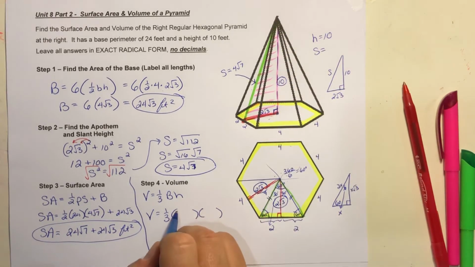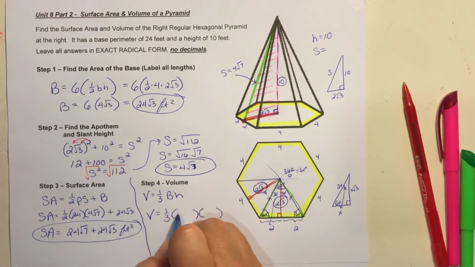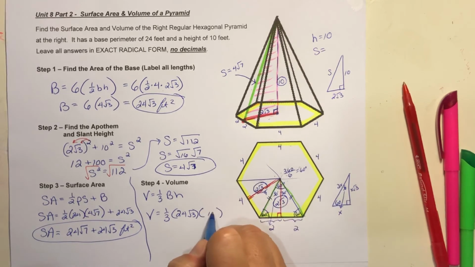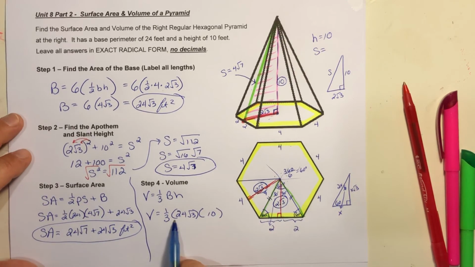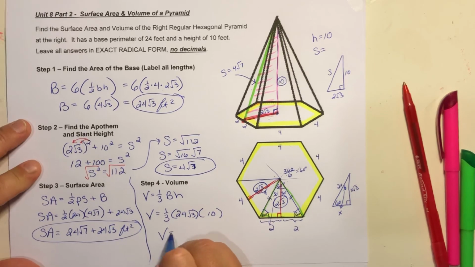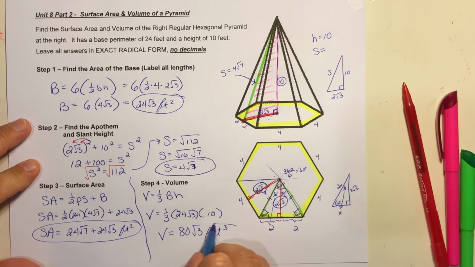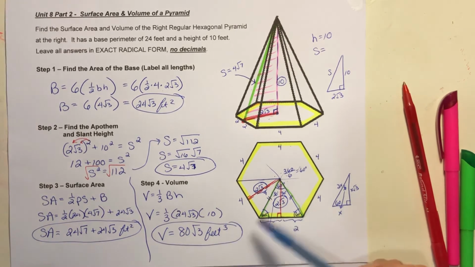Area of the base was 24 radical 3. The height of the pyramid is 10. So here we go. 1/3 times 24 is 8. 8 times 10 is 80. So the volume would be 80 radical 3 feet what? Feet cubed.